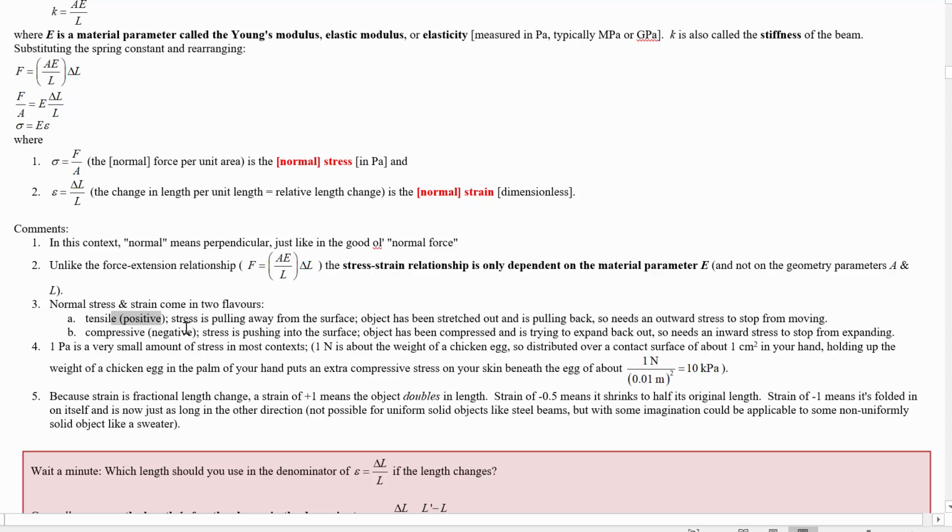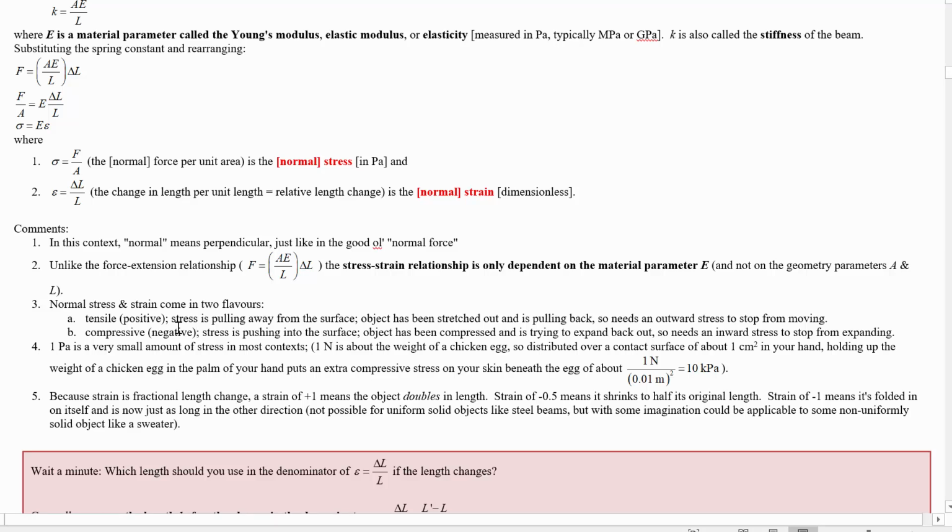If sigma is positive, that means tensile by our regular sign convention. It means the object has been pulled apart a little bit, stretched out, and is trying to pull back. We're always writing the force on the object on a surface outside of it. So sigma being positive is like a stress that's pulling apart the object. And a compressive one would be pushing in on the object.